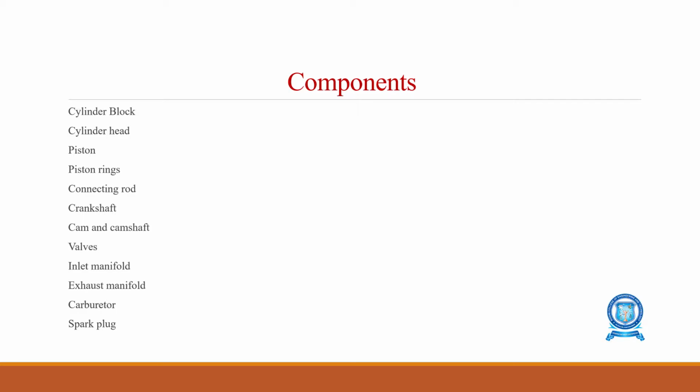The next is the carburetor. The carburetor is basically used in the SI engine, that is the petrol engine, and the spark plug is also used in the petrol engine. The carburetor is the component which gives the required or optimum amount of air-fuel mixture. The spark plug produces the spark for ignition.